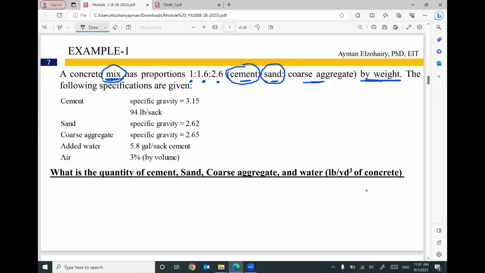If we go to the concrete lab, if we mix these components together, we are not mixing anything by eye. We have to measure these components in a very special scale. And also we are given here water equal 5.8 gallon for each sack of cement.